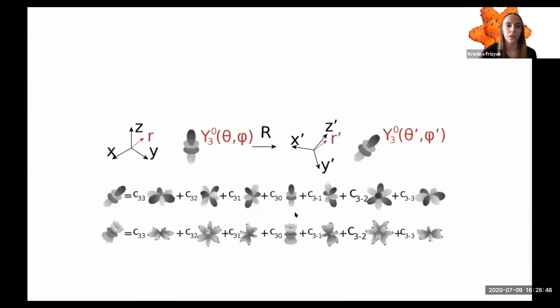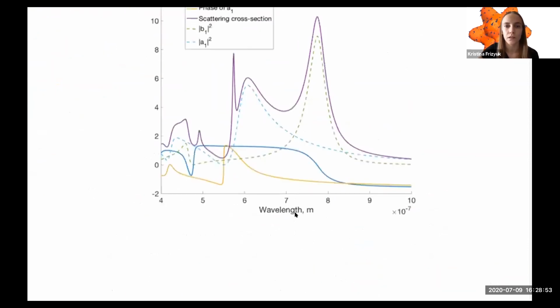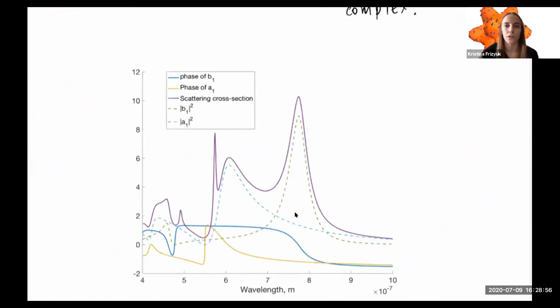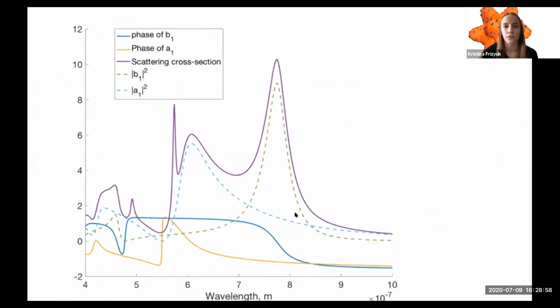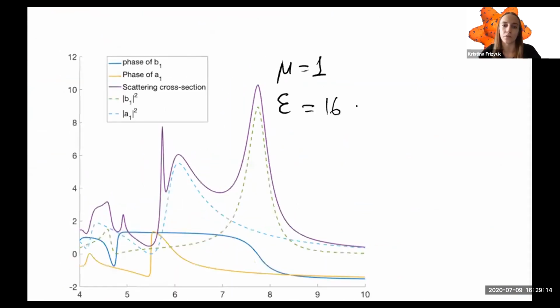because I forgot to tell the important thing that if you consider some dielectric particle, here we have always mu equal 1 and epsilon equal, for example, 16 or anything. But in case you consider mu equal epsilon, you will have that these guys always coincide.